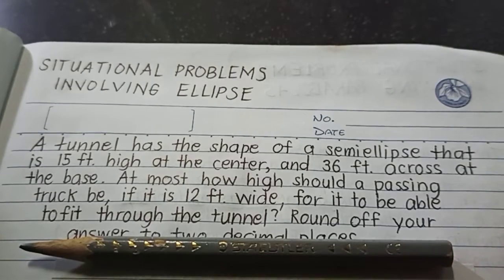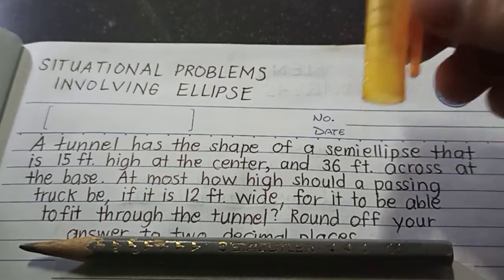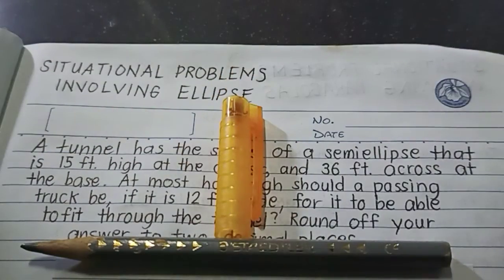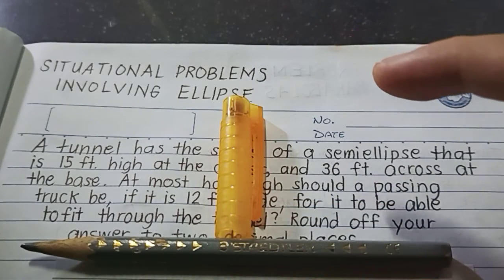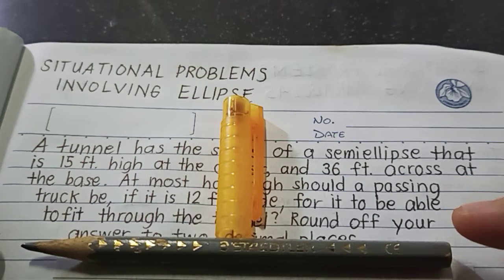But the first measurement mentioned is the 15 feet height. So, for instance, this is the height of the semi-ellipse tunnel. 15 feet high, and it has 36 feet measurement across the base. The term across is crucial.